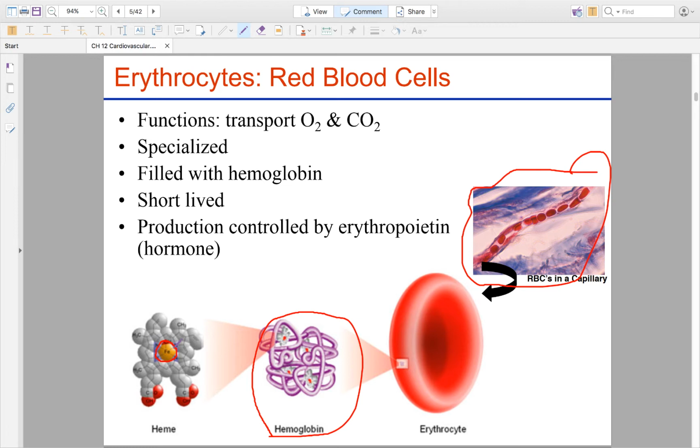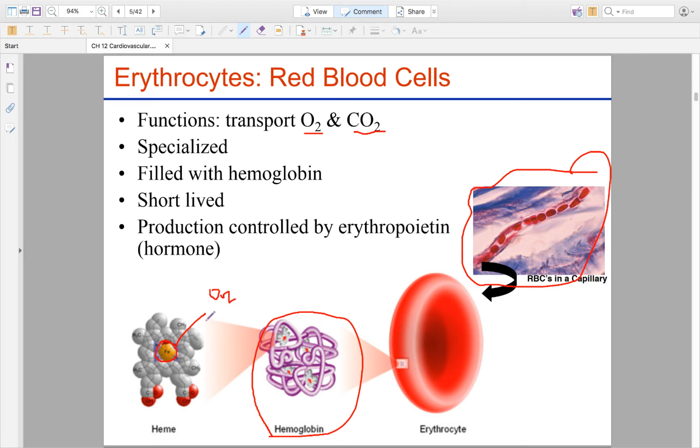They have to receive a constant supply of oxygen so that they can all run cellular respiration and make ATP. And then, of course, CO2 in turn is picked up. Now, hemoglobin has iron in it. Iron, when it meets oxygen, rusts.